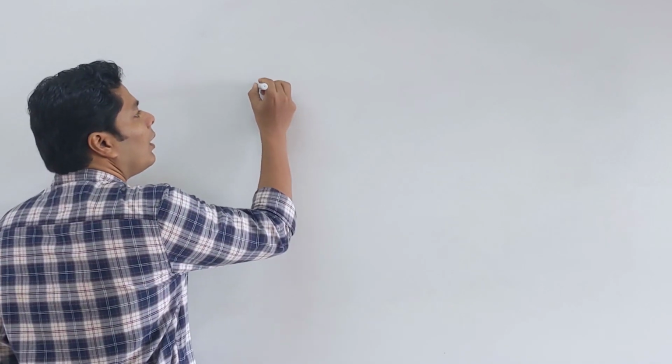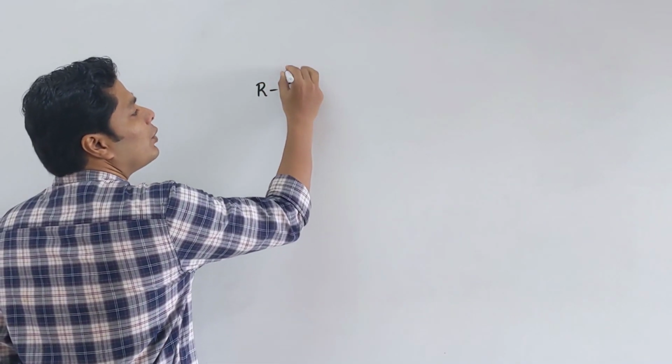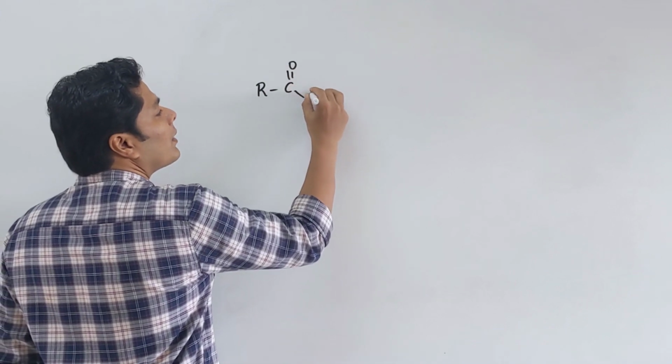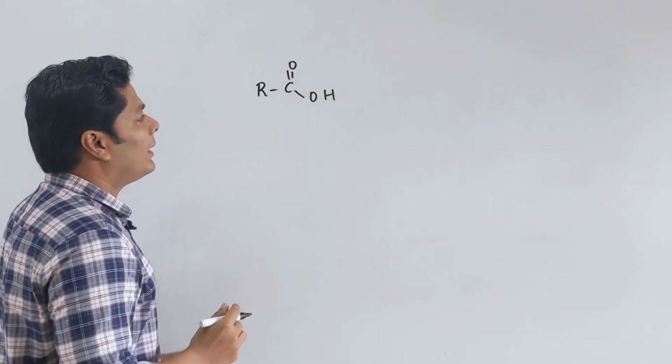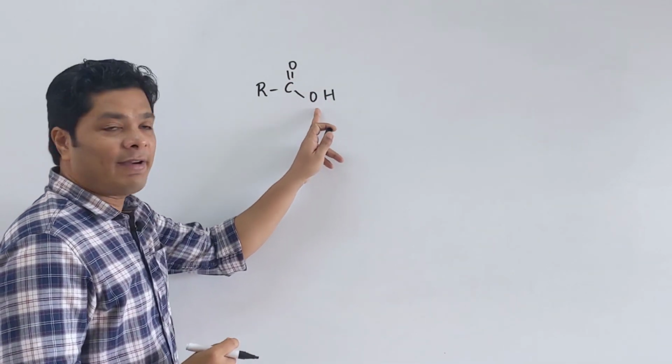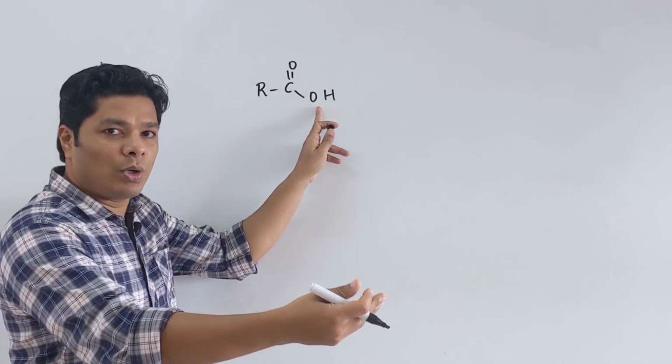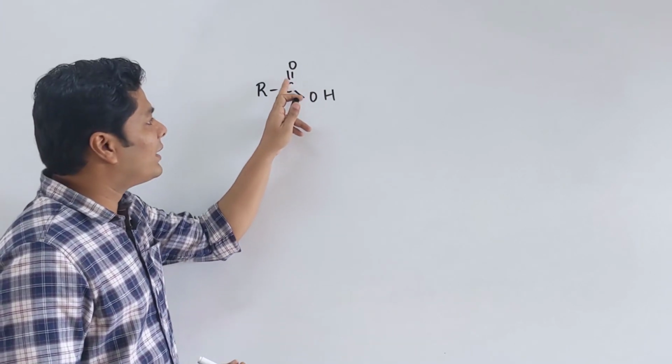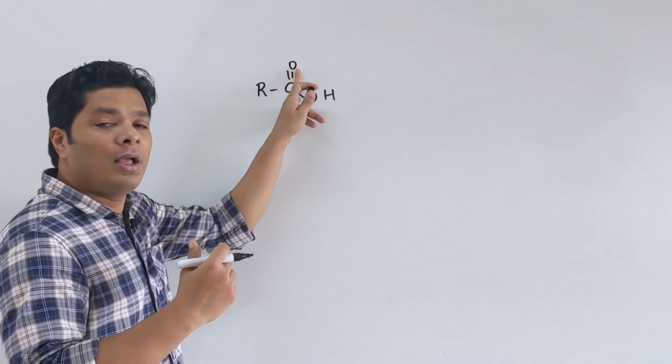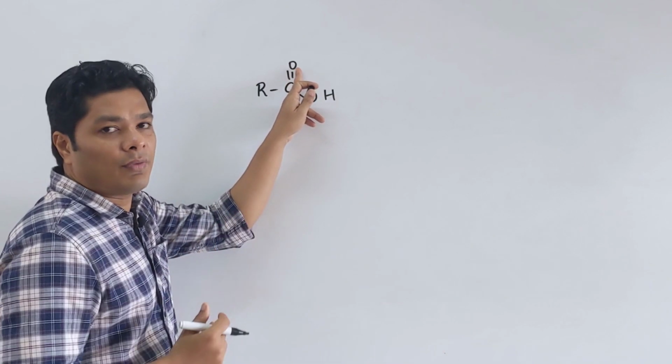The most important property of acids you want to know is their tendency to form hydrogen bonding. They have both the criteria for hydrogen bonding. They have a hydrogen attached to an electronegative atom, so their hydrogen can hydrogen bond, and also they have an electronegative atom present which can be the one that donates the electron for hydrogen bonding.